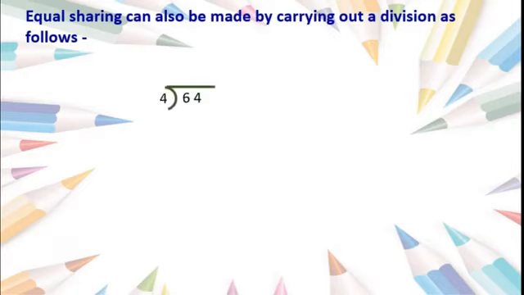64 divided by 4. 64 we have written below the line inside the division symbol because that number we want to divide. Among how many? Among 4. So the divisor is 4 here. Correct? Now we will recite the 4 times table. 4 ones are 4, 4 twos are 8.